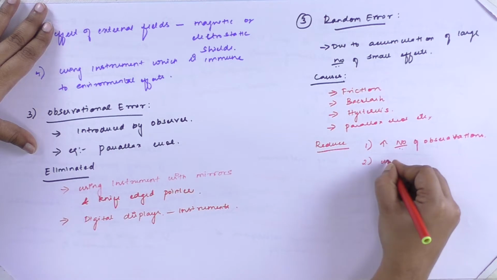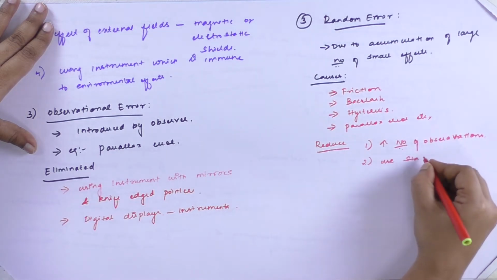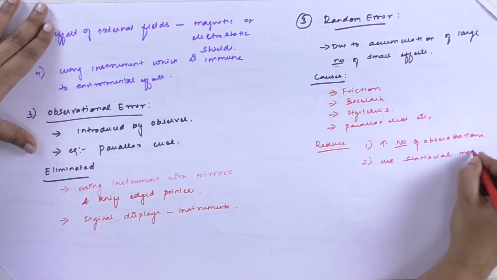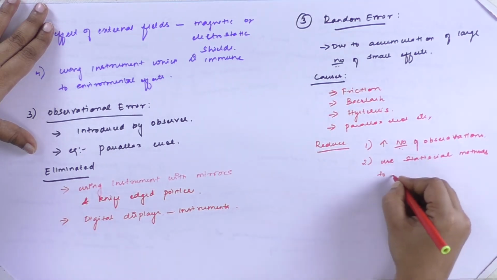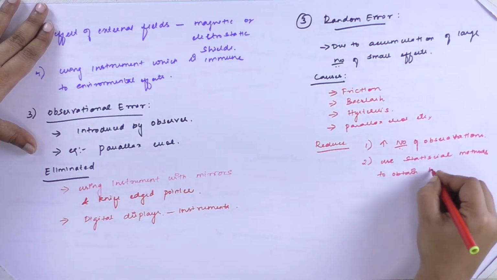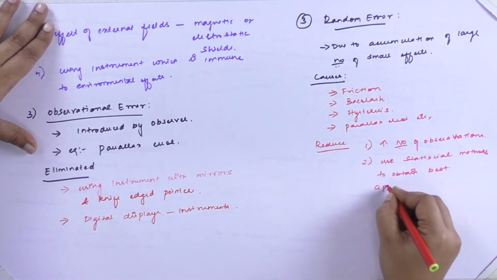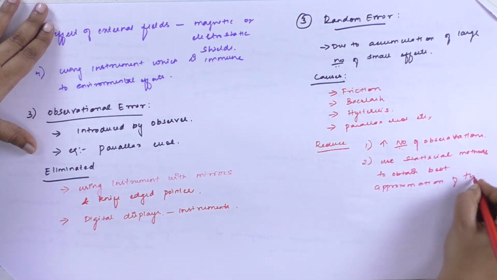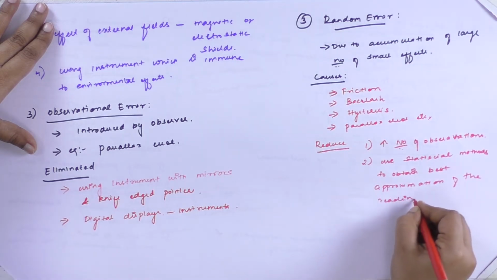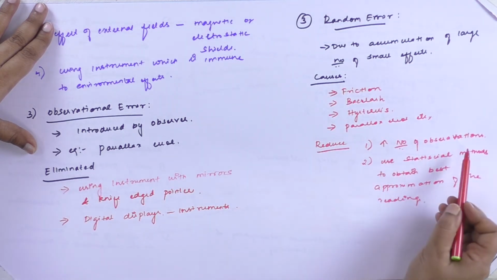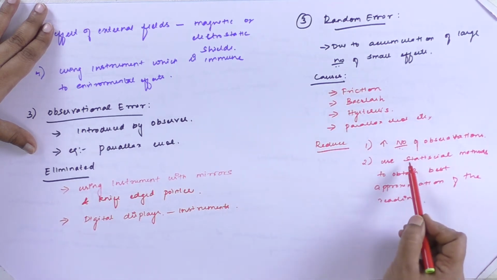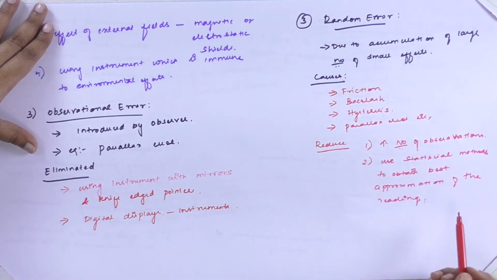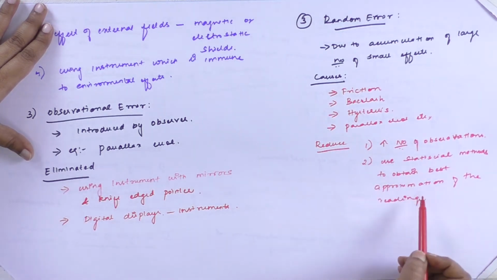And also we can use statistical methods to obtain the best approximation of the readings. So, we can increase the number of observations so that we can reduce the random error, and also we can use many statistical methods to obtain the approximation of the readings so that the effect of error can be reduced.